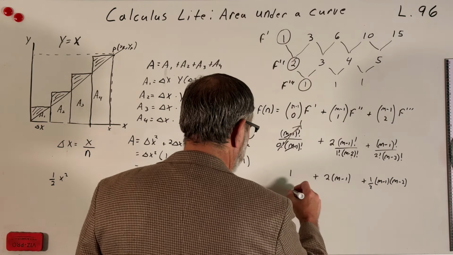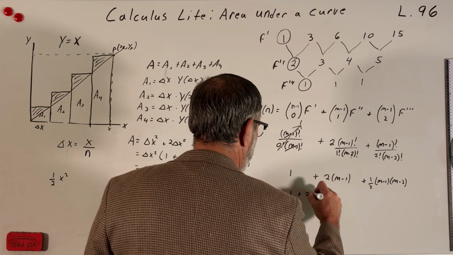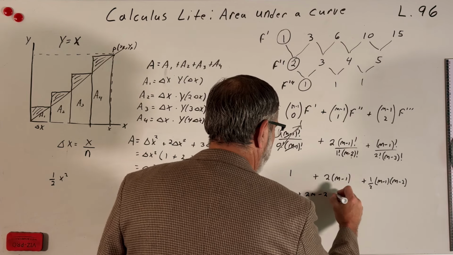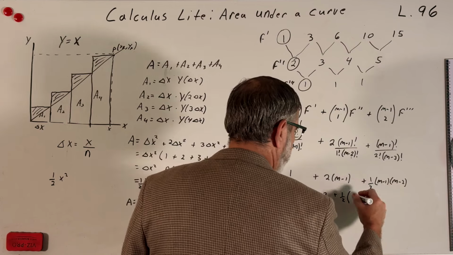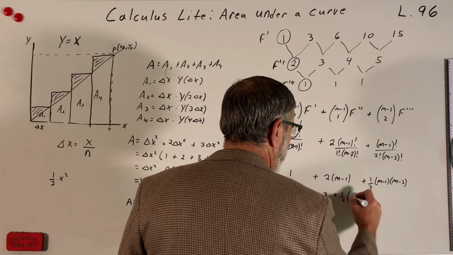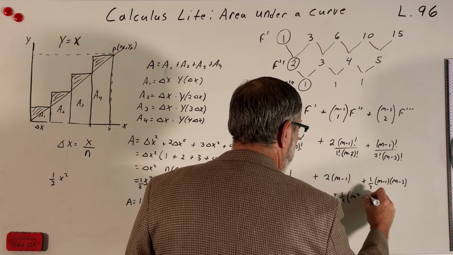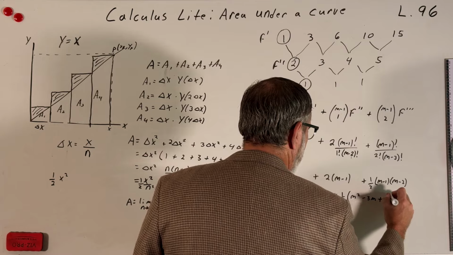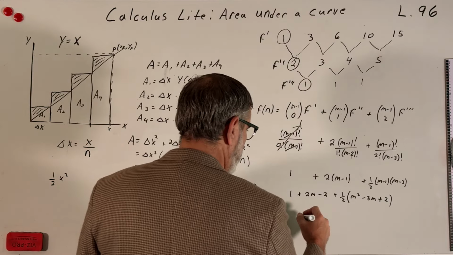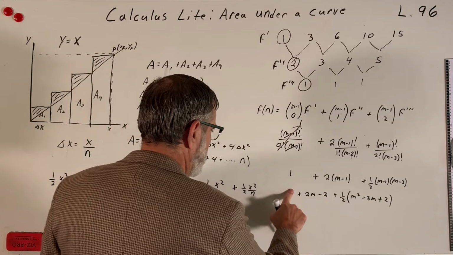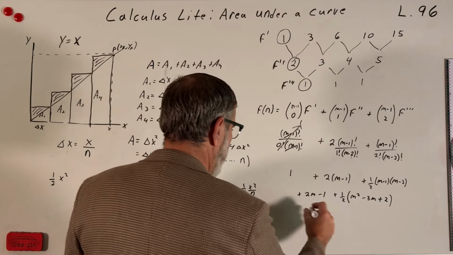So let's distribute these. That's 1 plus 2m minus 2 plus 1/2 times, I'll just keep the 1/2 here, m squared minus 3m plus 2. And I'm going to factor a half out of all of this. Well, 1 minus 2 is just going to give me minus 1 here, right?